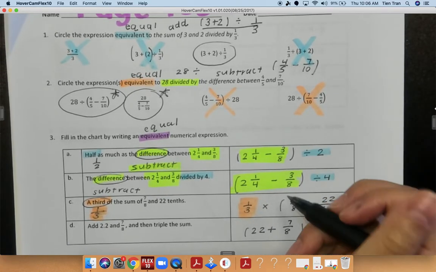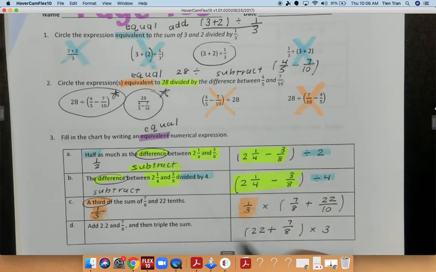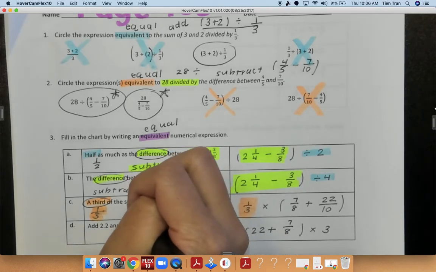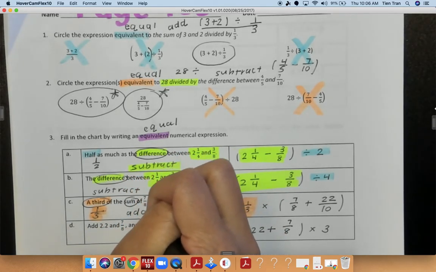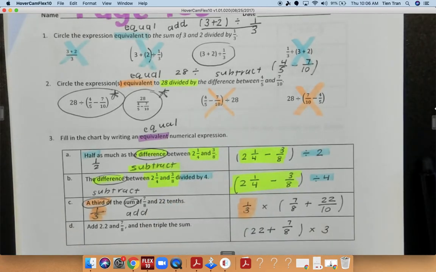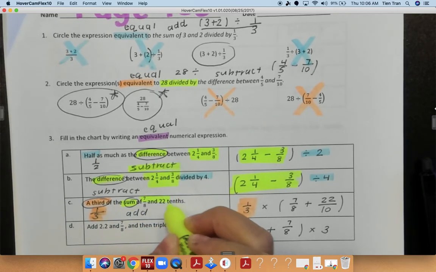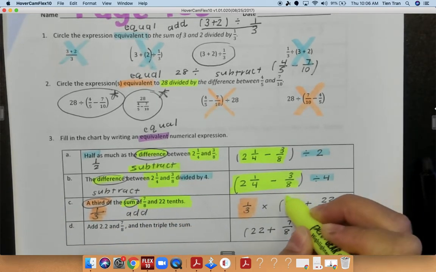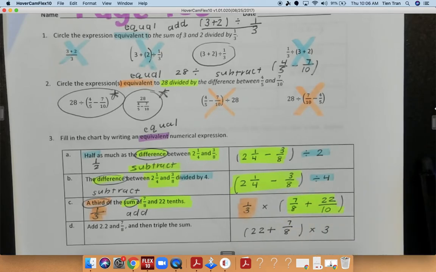Okay? Those parentheses cause the problem to be multiplying against each other. So we have the sum of, sum means to add. We talked about that earlier. We're adding 7/8 and 22/10. So that's what we have here, 7/8 and 22/10.